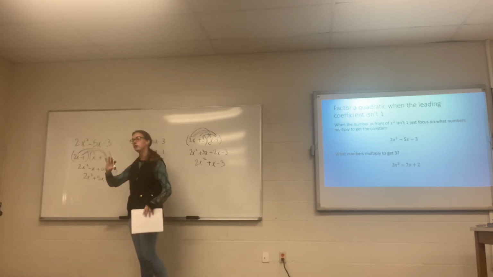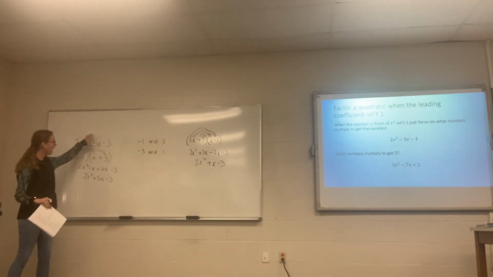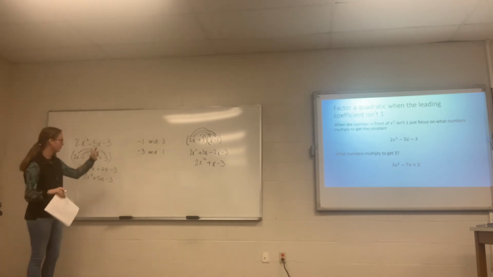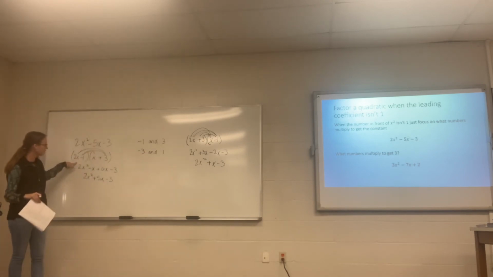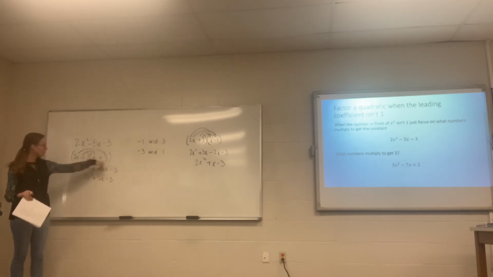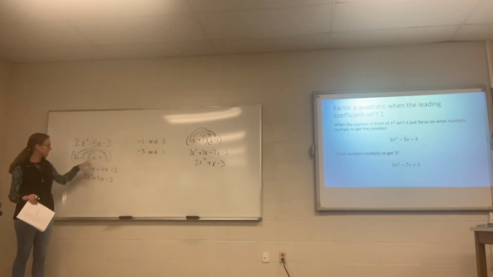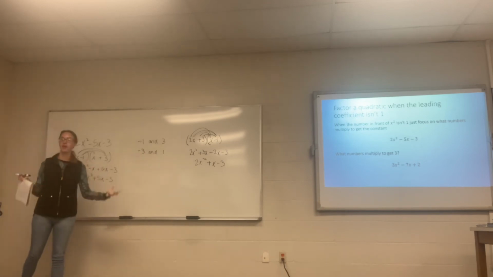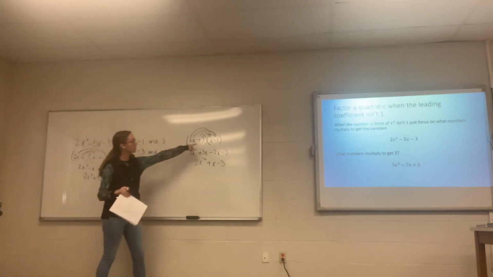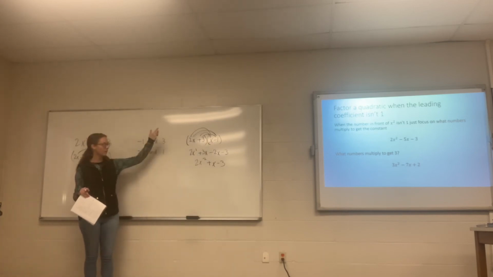So here's a little hint with that. If you need more x's, and one of your numbers is a bigger number, you know that you're going to have to take your x with the leading coefficient, the 2x, and multiply it by your larger number. Taking the 2x times the 3 gave me a larger chunk of x's. Over here, when we took the 2x times the smaller of the two numbers, that gave us fewer x's.